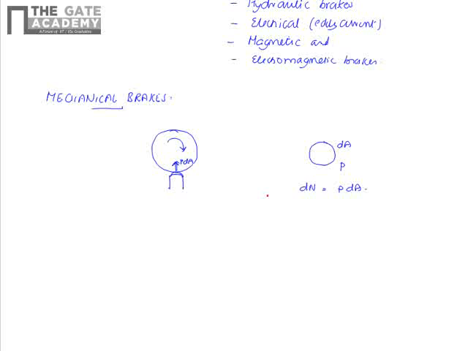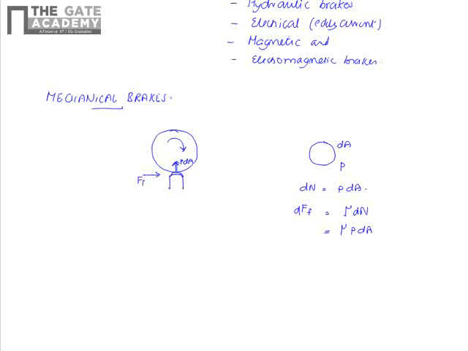When this normal reaction is there, with one member rotating and another stationary, friction comes into play, and the frictional force due to this small normal force will be given as mu times dN, which is nothing but mu times P into dA. This frictional force is what causes the moving member to stop. If this is the direction of rotation, the frictional force will be in the opposite direction.